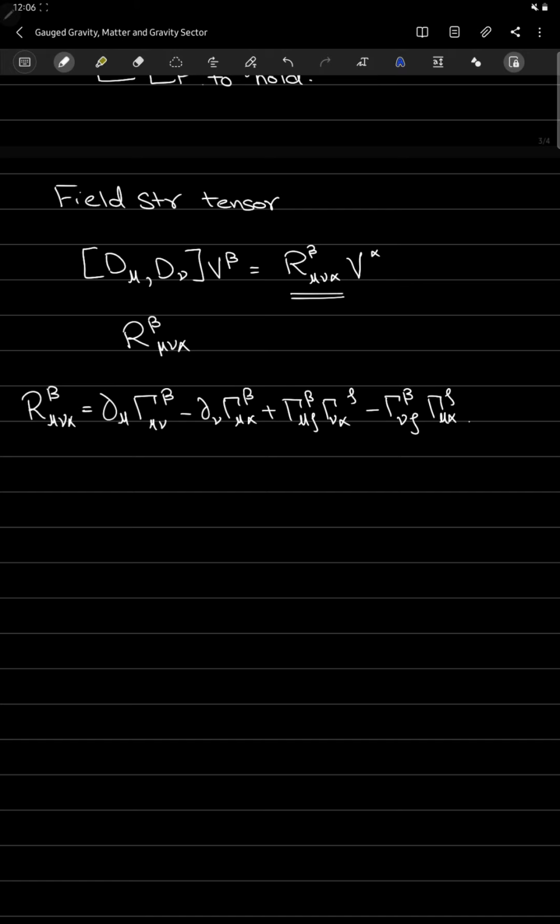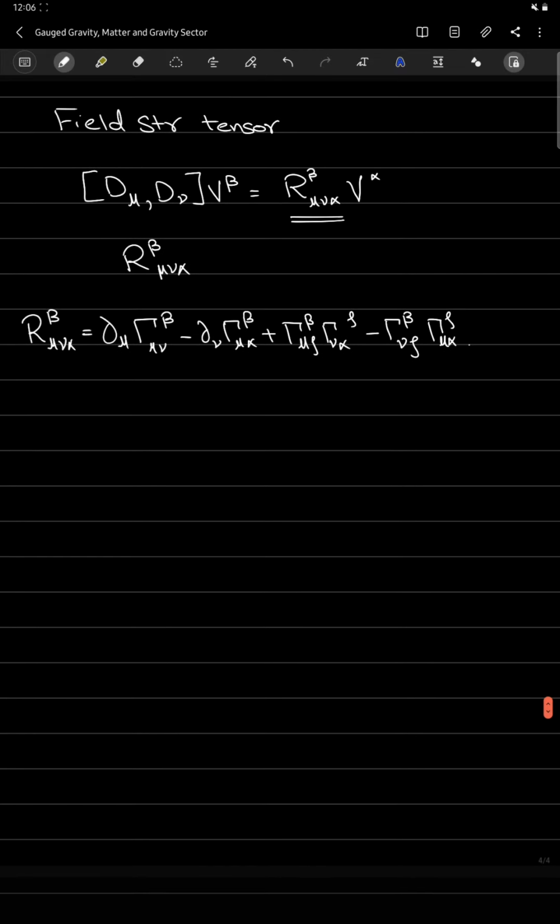And so this expression is in fact closely analogous to the Yang-Mills field strength tensor.